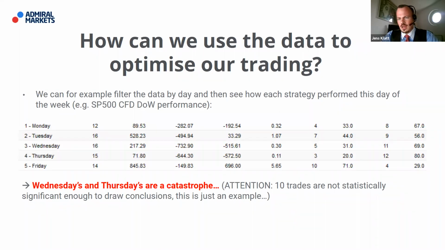But this is something you can then say. Based on such data, you could optimize your trading in a way that you say, it's very easy to set, but skip Wednesdays and Thursdays. If you skip those two days, the strategy becomes obviously profitable. Again, this is not how it's done, and it's too easy, because you can't just skip Wednesdays and Thursdays here.